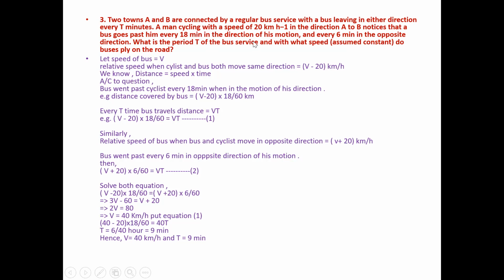A man cycling with a speed 20 kmph in the direction A to B notices that a bus goes past him every 18 minutes in the direction of his motion and every 6 minutes in the opposite direction. What is the period T of the bus service and with what speed, assumed to be constant, do the buses ply the road?